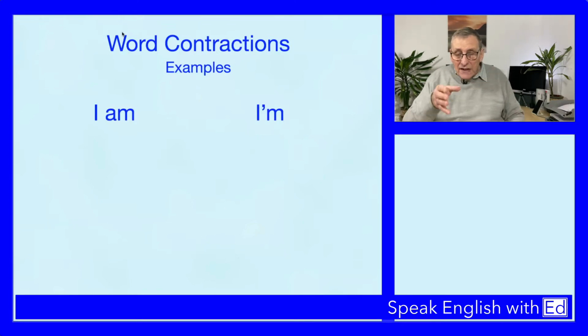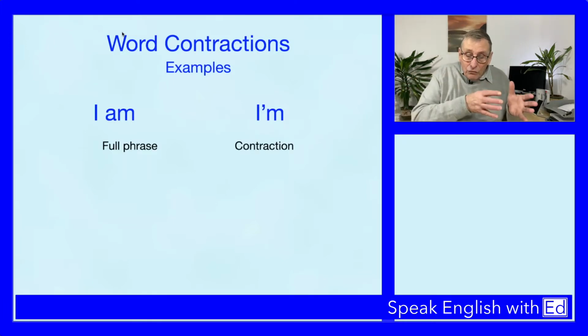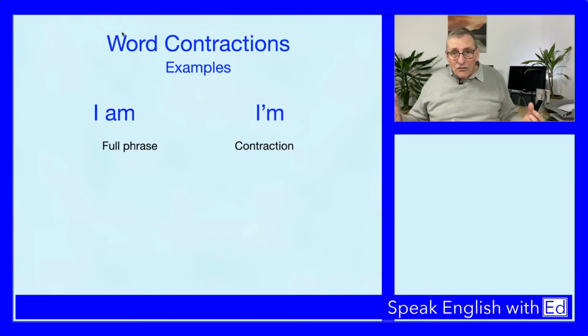So I am becomes I'm hungry, I'm cold, I'm thirsty, I'm happy, whatever. You use I'm instead of I am. So I am is the full phrase, I'm is the contraction, and that's what we're aiming for.